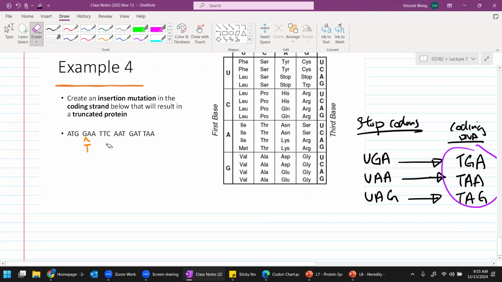But that's not going to work because when the ribosome reads it, it's going to read it as AUG, and then GUA. It's not going to skip the G and then read the TAA. So you have to make sure whatever you insert is in the correct frame to create the stop codon.